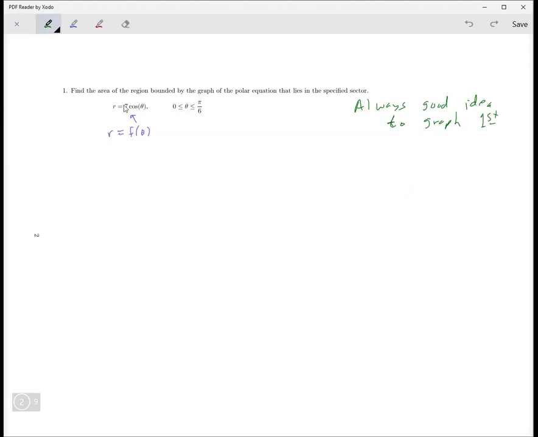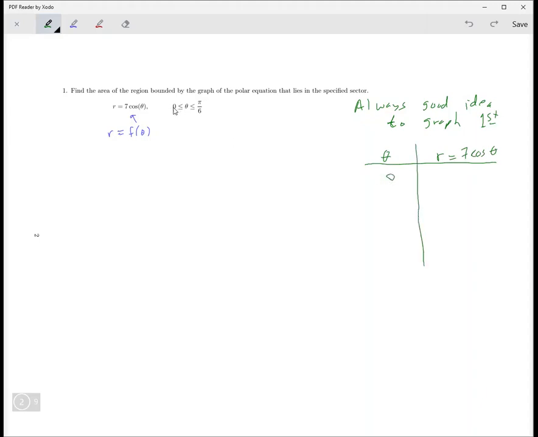For example, if this r goes negative somewhere, how do you deal with that? So you're going from 0 to pi/6, and we can get some values of r for different values of theta.